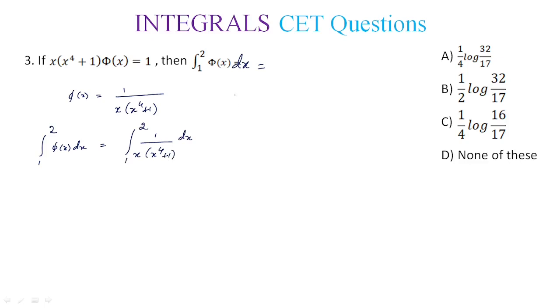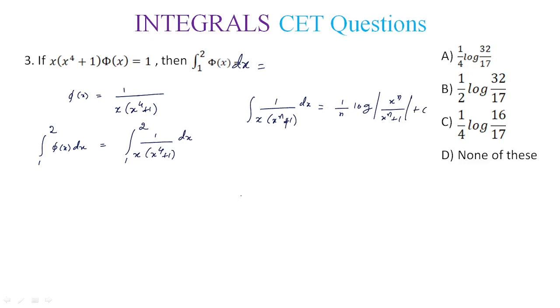standard result, that is integration of 1 upon x into x raised to n plus 1 into dx. This is equal to, you remember this, 1 upon n into log of mod of x raised to n upon x raised to n plus 1. This is a standard result to remember.